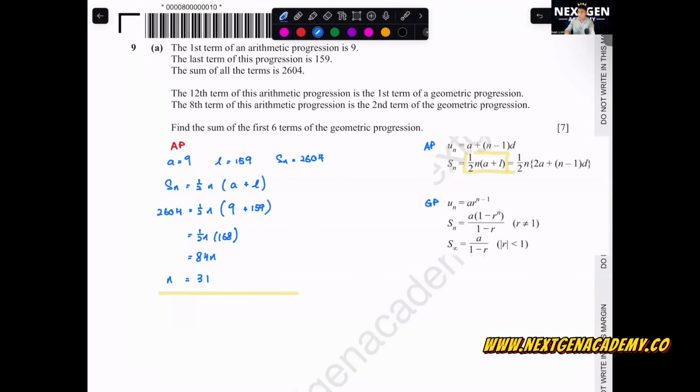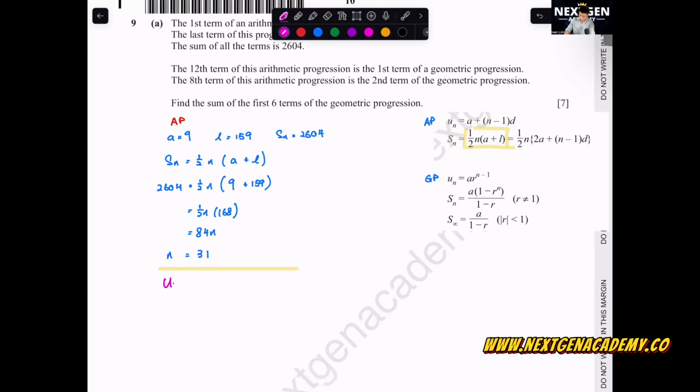So we use a plus (n minus 1)d. The last term is 159. That means the 31st term is equal to 159, because we found the n. So, oops, sorry, we want to find d, not a.